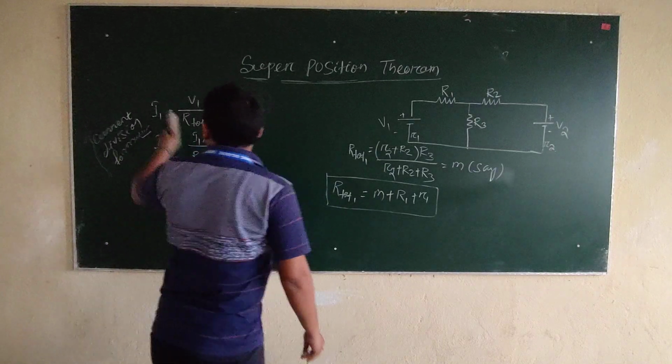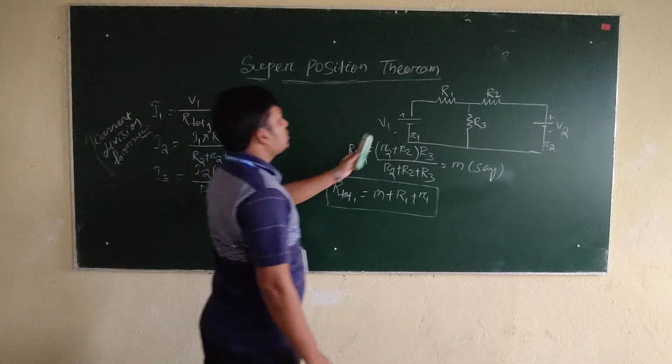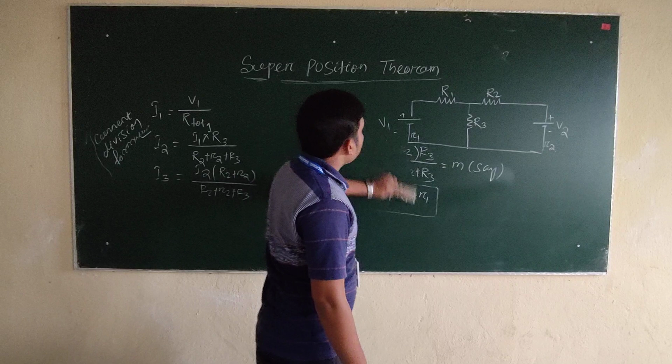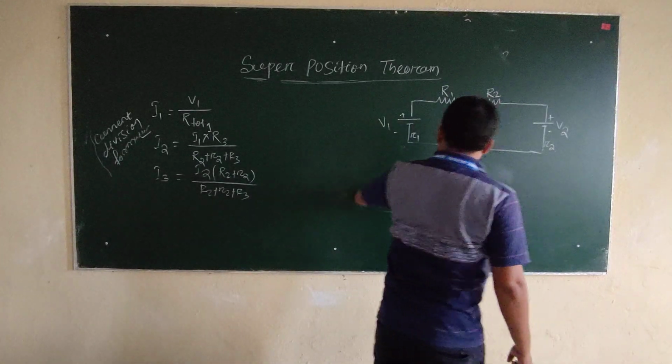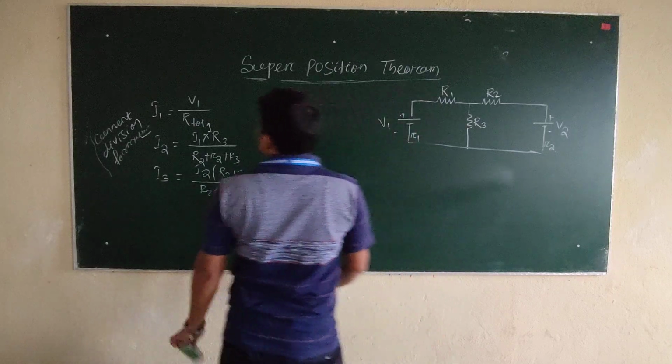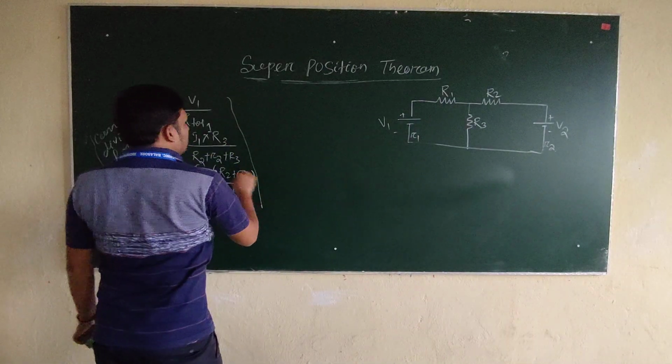These three currents are for the source V1. Now let us take step 2.